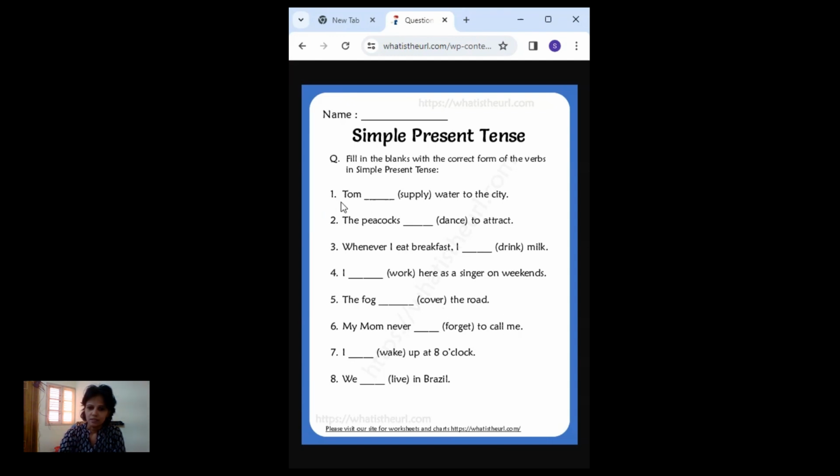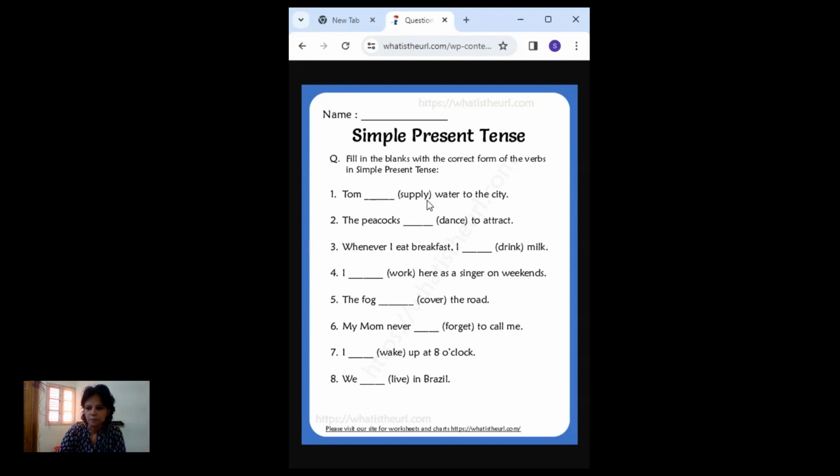First question: Tom dash supply water to the city. When the person is singular, we should add es to the present verb. Here, supply becomes supplies.